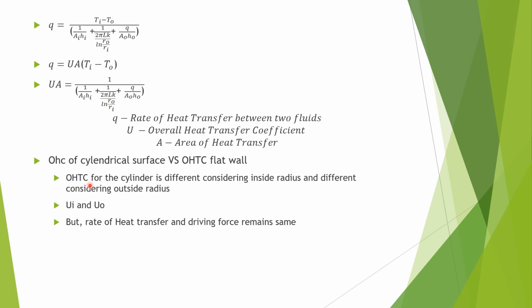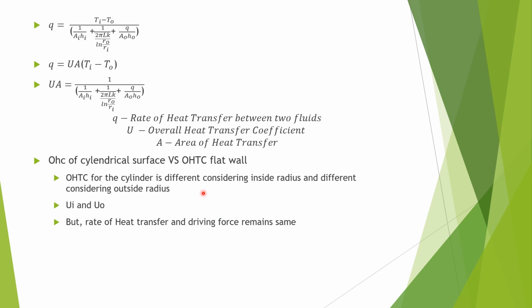Now, when we compare the overall heat transfer coefficient for the cylindrical surface versus the overall heat transfer coefficient for the flat wall that we have derived in our previous video, we can understand that for the flat wall there was only one heat transfer coefficient. But when we determine the heat transfer coefficient for the cylindrical surface, there are two heat transfer coefficients, that is considering the inside radius and outside radius of the inner pipe.